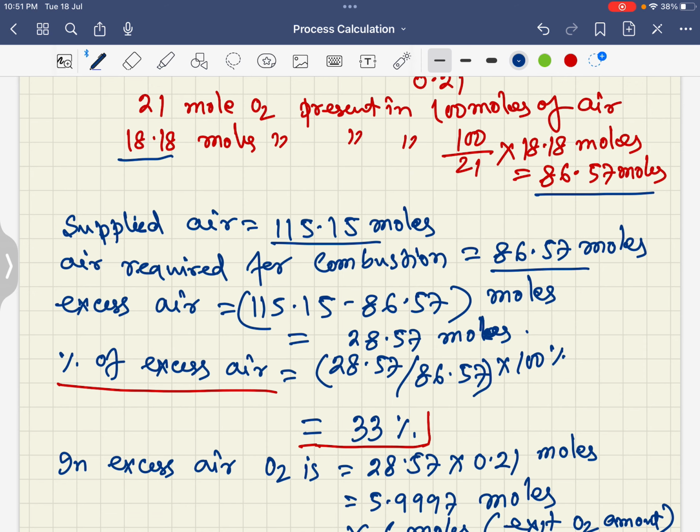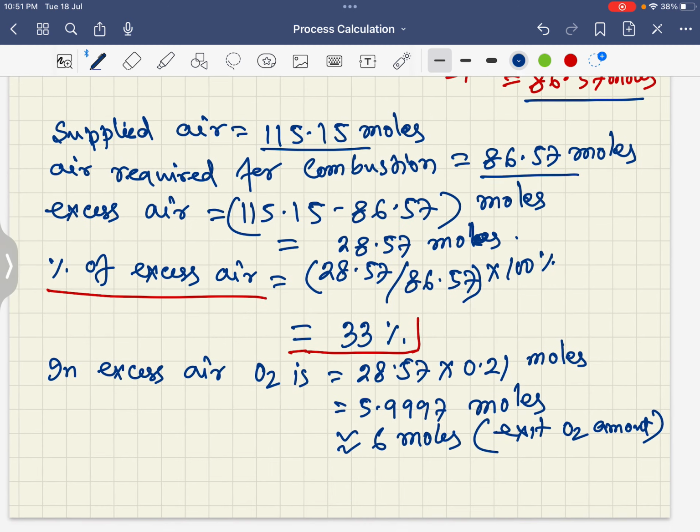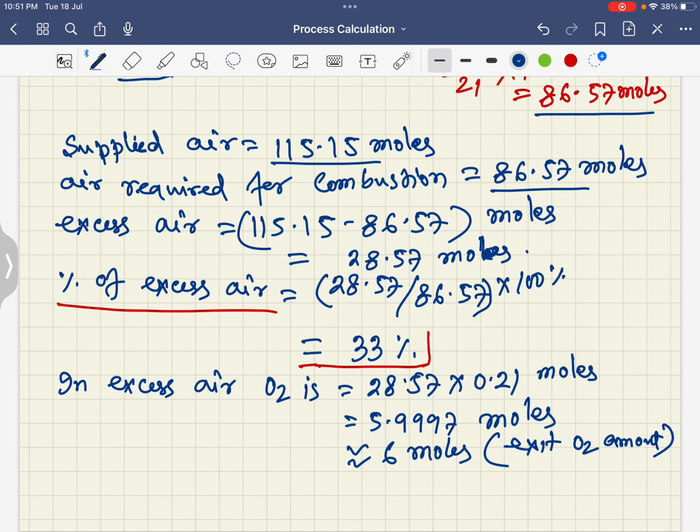Now let's do a back calculation to check whether our result is correct or not. In excess air, the oxygen is 28.57 times 21%, since we know that in air 21% oxygen is there. So we get the amount of oxygen as 5.997, that is nothing but 6 mole, which is the exit amount. So it means our calculation is correct. Thank you for this problem.